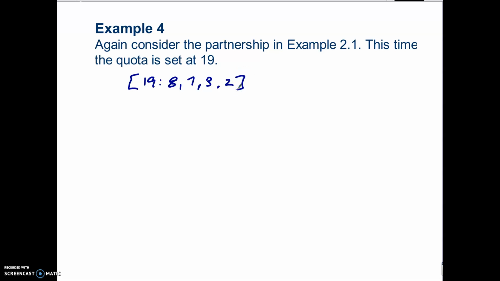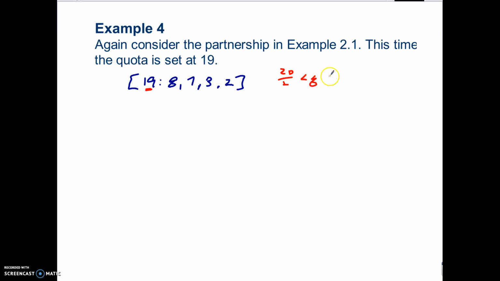So real quick, let's just check to make sure that our quota fits within the acceptable range of values for the quota. And remember, that range of values is the total number of votes divided by 2. The quota has to be bigger than that.